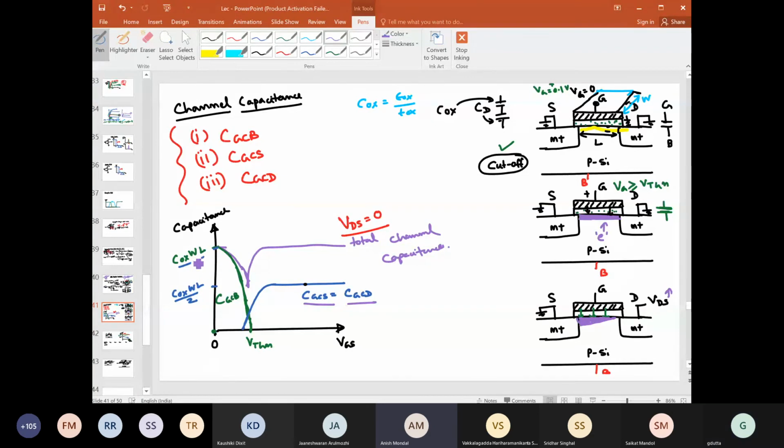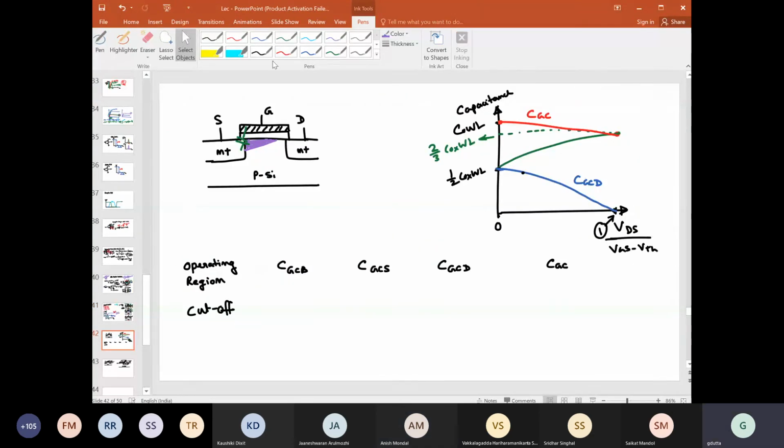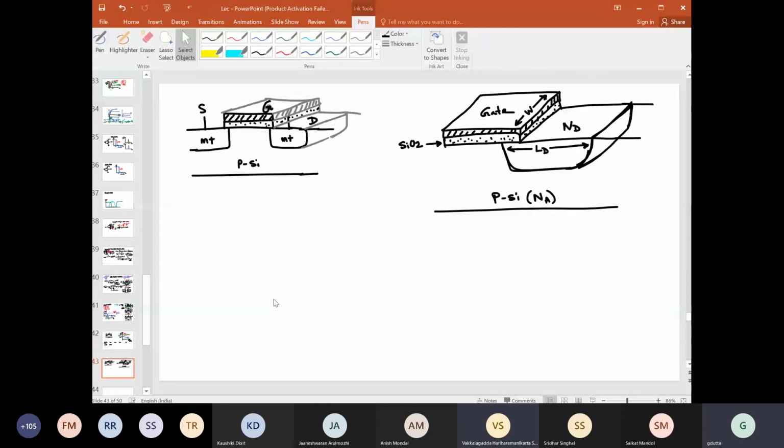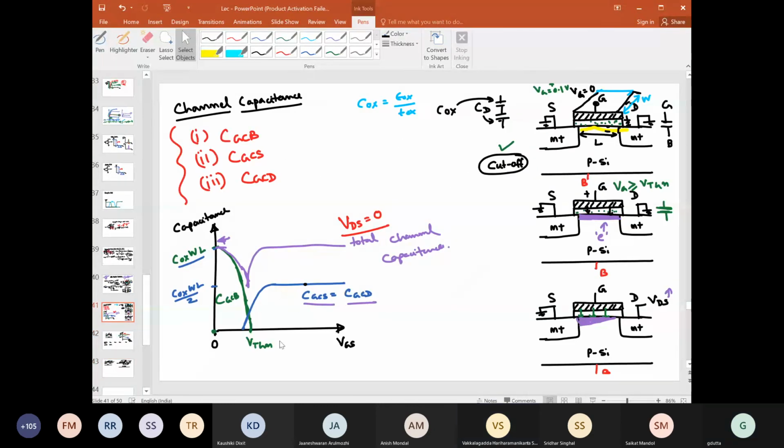Cox WL, very good. So it is Cox WL. What will be the value of CGCS? In cutoff, CGCS is 0.